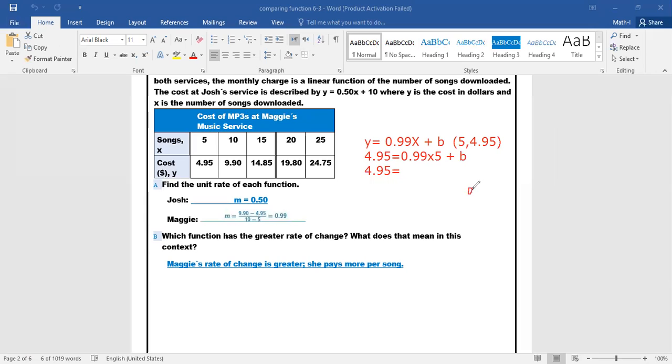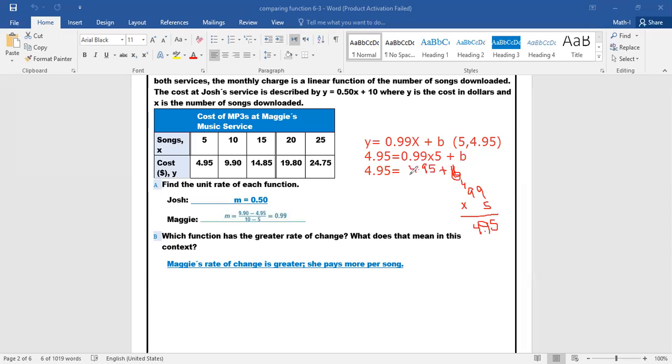99 times 5. Okay, 5 times 9 is 45, write 5 and carry 4. 9 times 5 is 45, and 4 is 49. Then the point after 2 digits, so it will be 4.95 plus b.